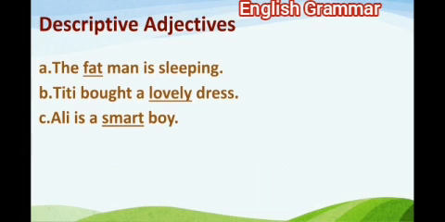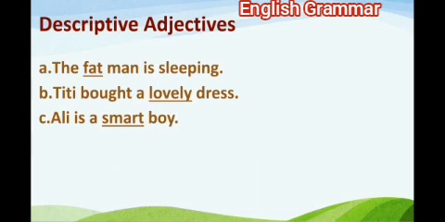For instance, in the first sentence, the fat man is sleeping. We could have just ended the sentence by saying the man is sleeping. But we are trying to point out, okay, the man that is sleeping is the fat man. And this descriptive adjective is telling us what kind of man it is. It's not a slim man, it's the fat man.